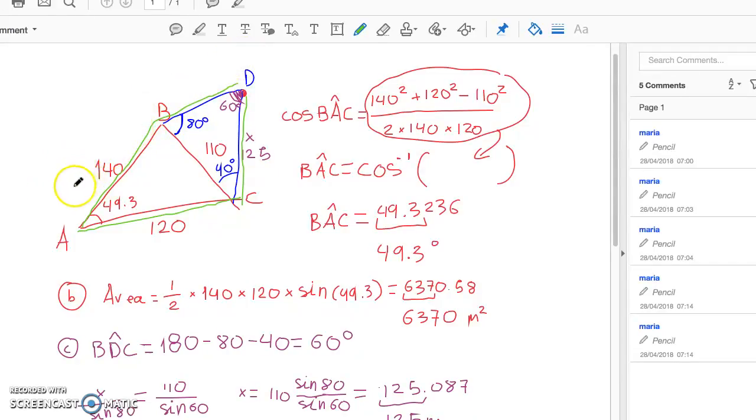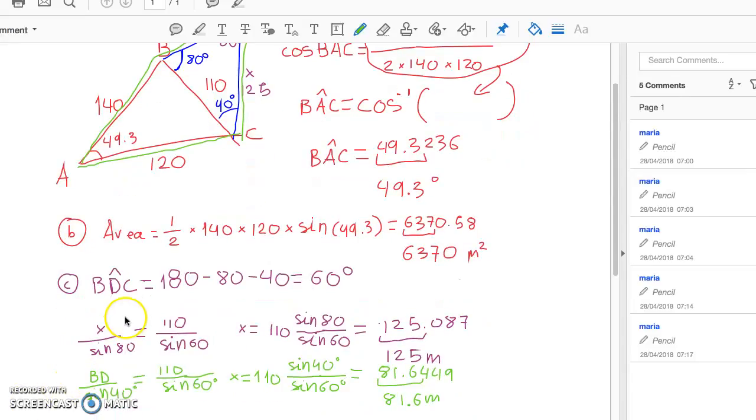Well, I already know this length, this is longer. I just calculated the 125, so to compare the two green paths, I will need to know what BD is. To know BD, I just need to apply again the sine rule.